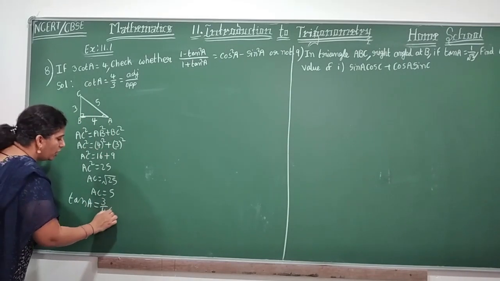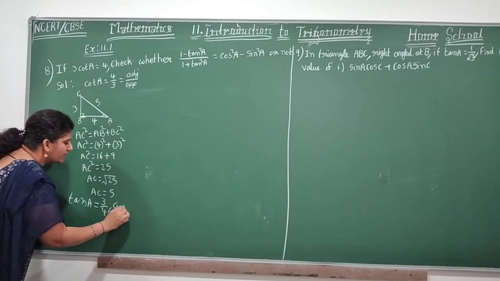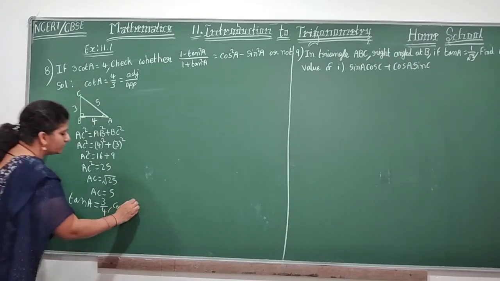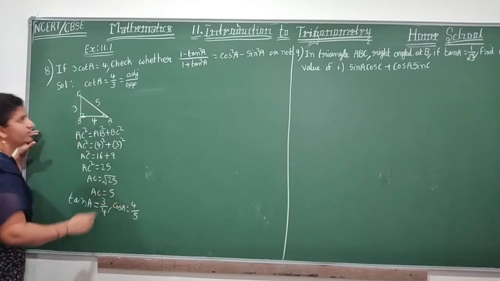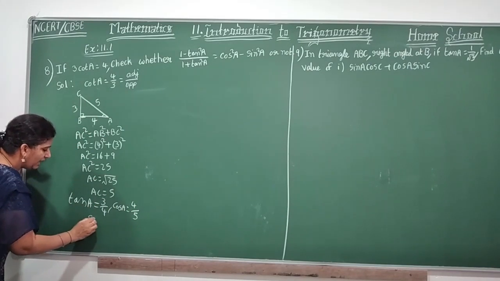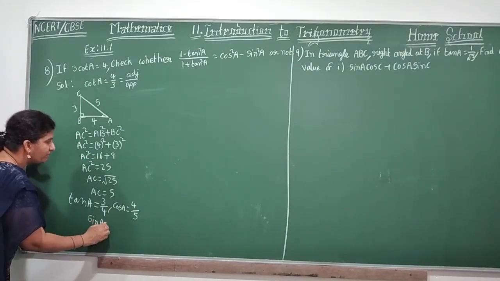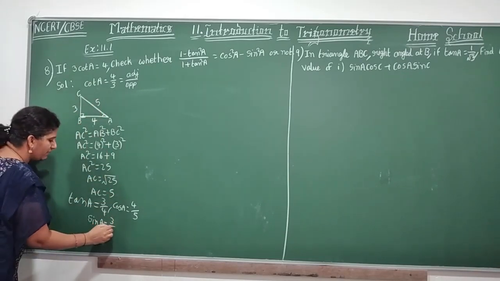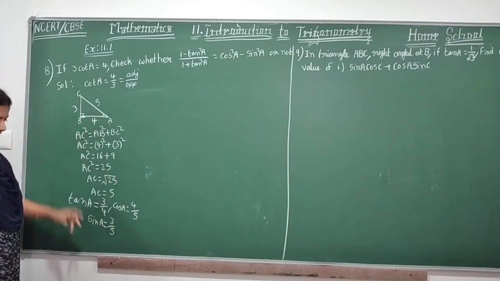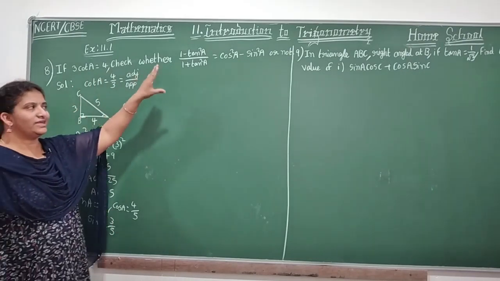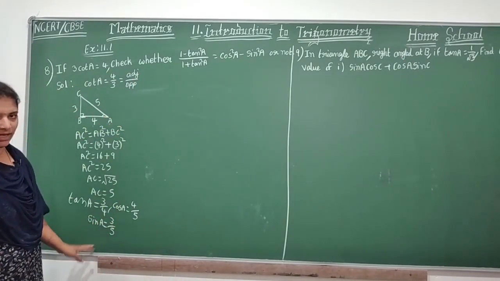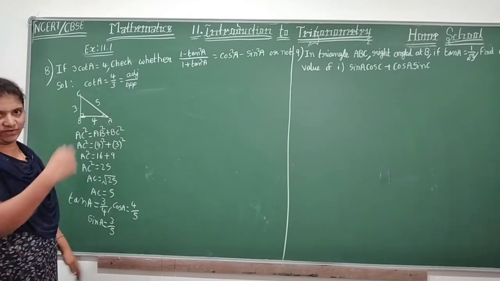Next, cos A. What is cos A? Adjacent by hypotenuse, 4 by 5. Then again, sin A. What is sin A? For this angle, opposite by hypotenuse, it will be 3 by 5. Okay, what are all the ratios in your question? I have done it here. Let's substitute this and find out.